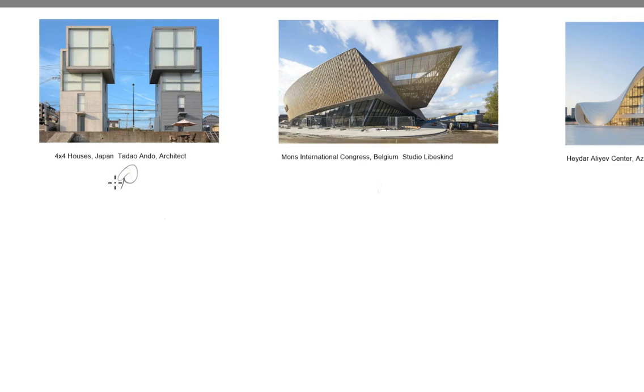And interestingly, the photograph is set up as a one-point perspective. If we send these lines down, we're going to find that they converge very low in the image and essentially are a one-point perspective.